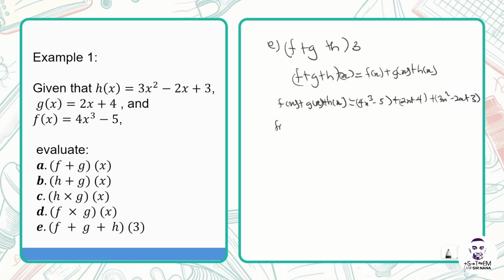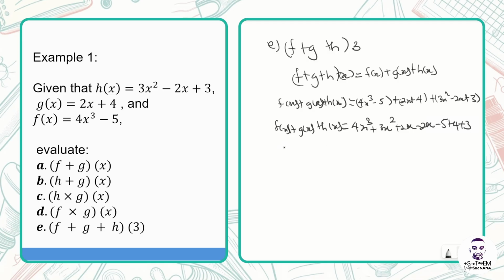So we will have our f of x plus g of x plus h of x to be equal to, so we have 4x cubed, right? And then we have plus, I want to group them, so 3x squared, so plus 2x, and then minus 2x, right? And then we have the constant minus 5 plus 4 and then plus 3.